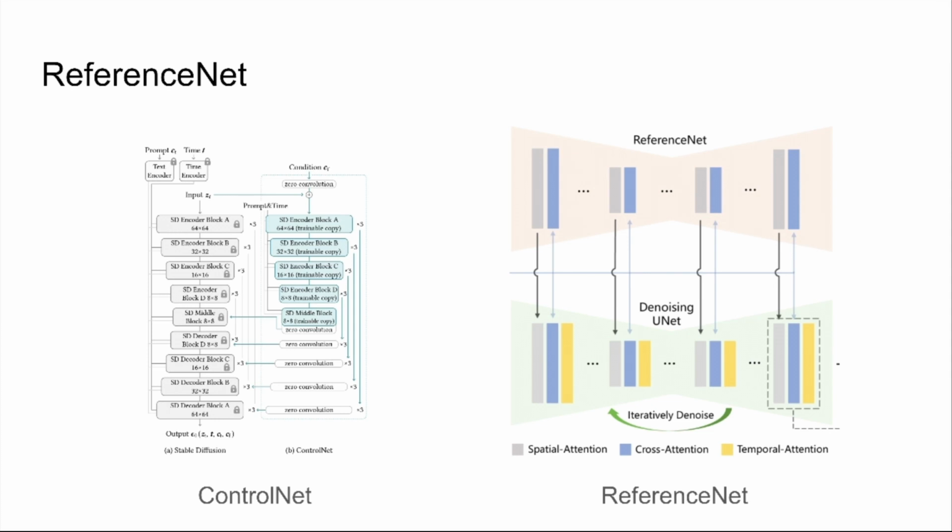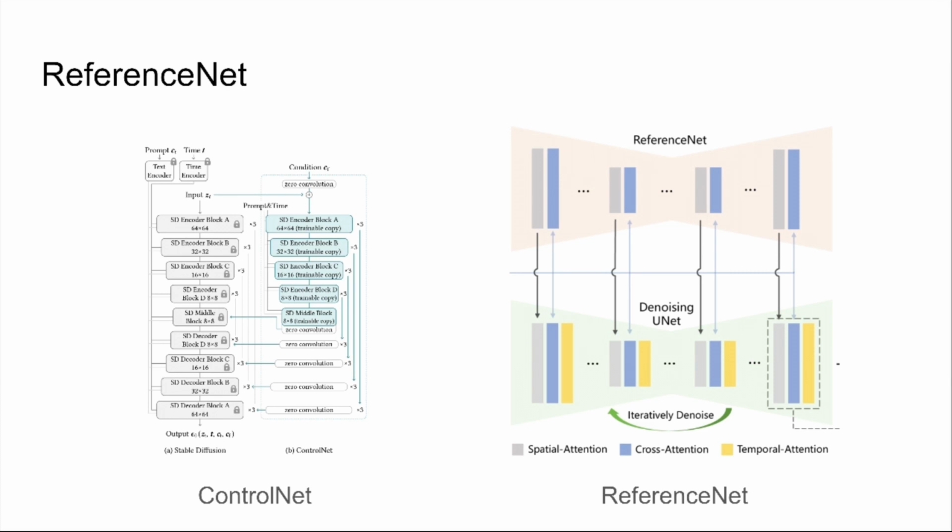It generates another image that follows the same motion or the same skeleton image. But for reference net, we have another constraint. The reference net itself is given a reference image, and we can generate another image that has a very similar appearance to the reference image.